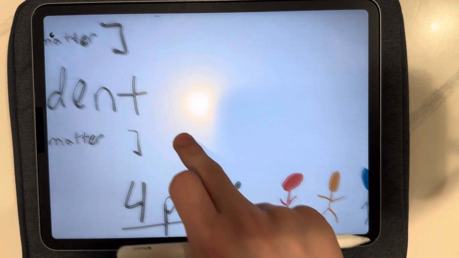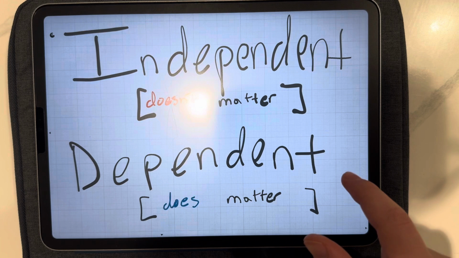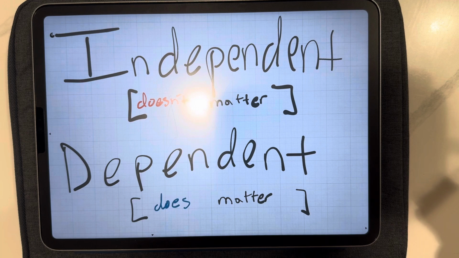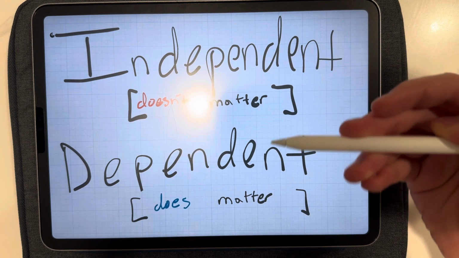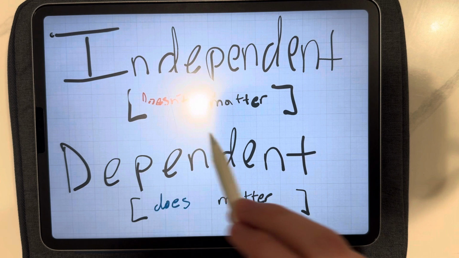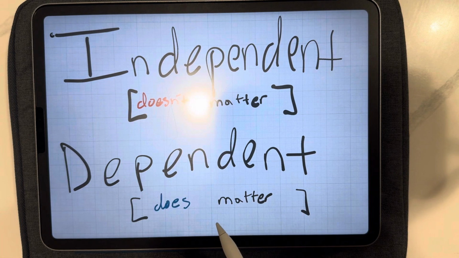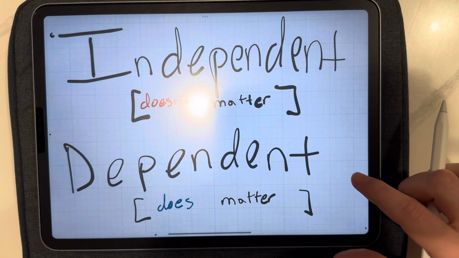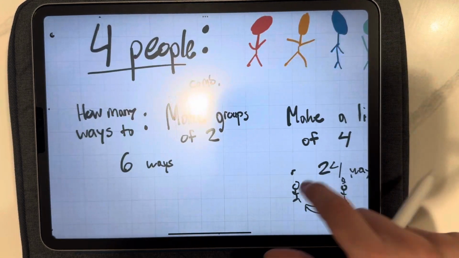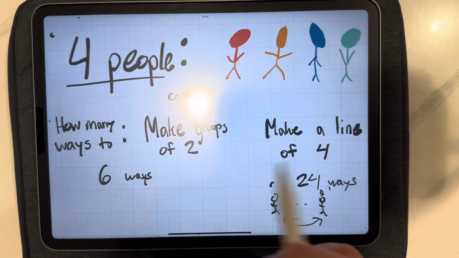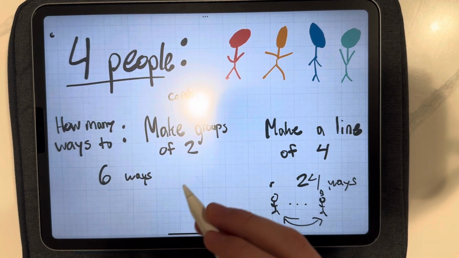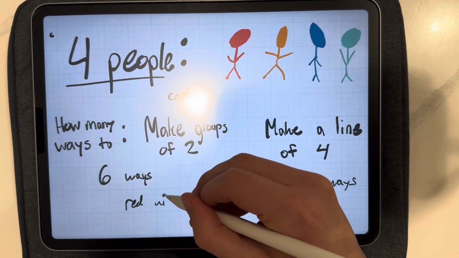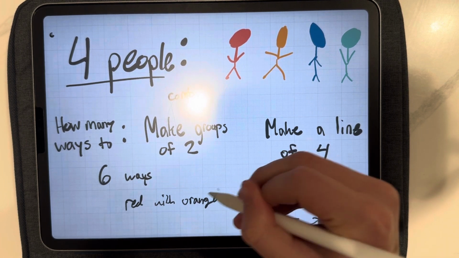So a related concept is the idea of independent and dependent situations. Independent is when one factor or one situation doesn't affect the other, so it doesn't matter. But a dependent situation is when the aspect of one thing does change the other. So if we were to look at maybe this question, make groups of 2, it doesn't matter if you look at a group as red person with orange versus orange with red.